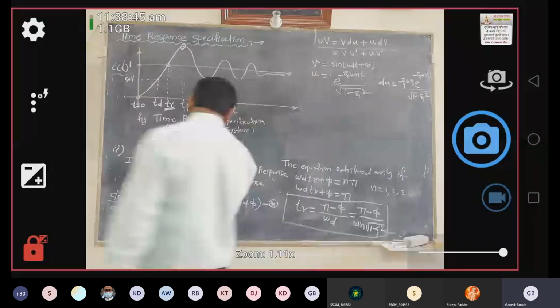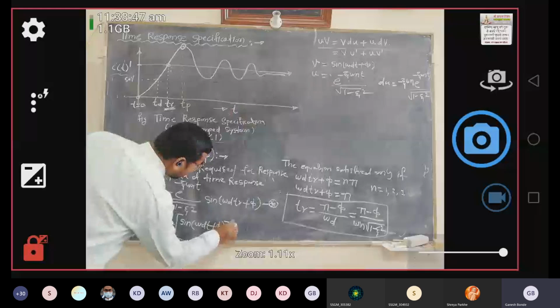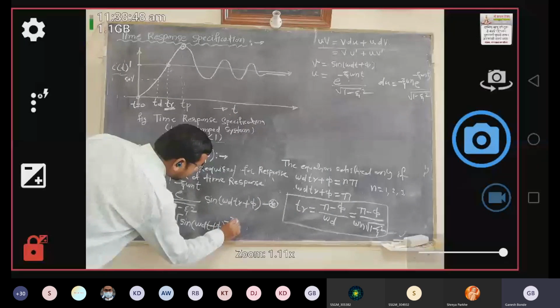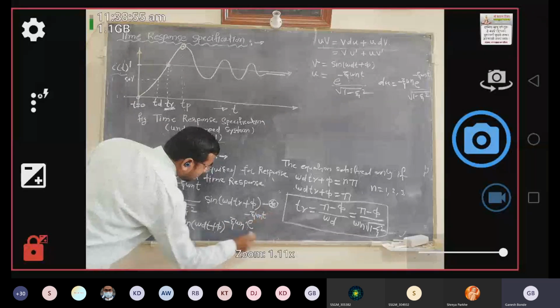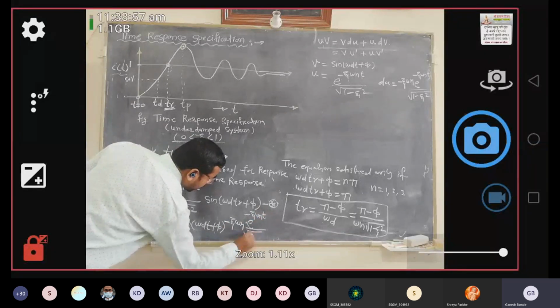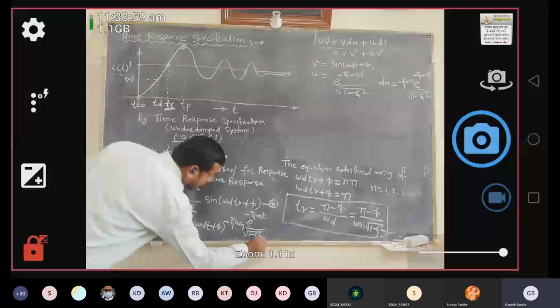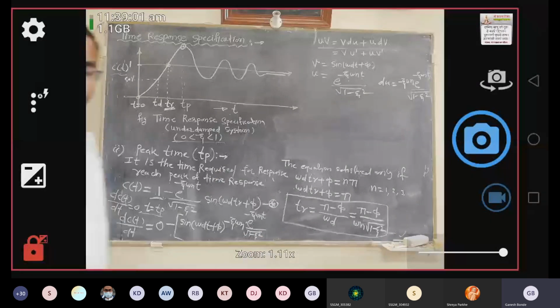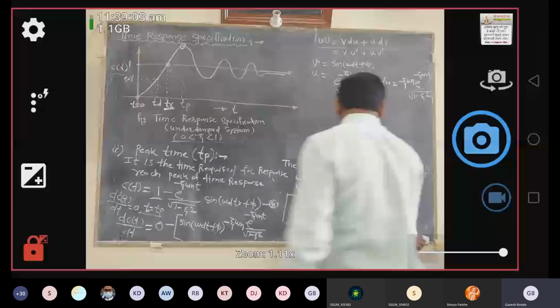So this is the derivative. So this is the first term, and here we have finished the first term.